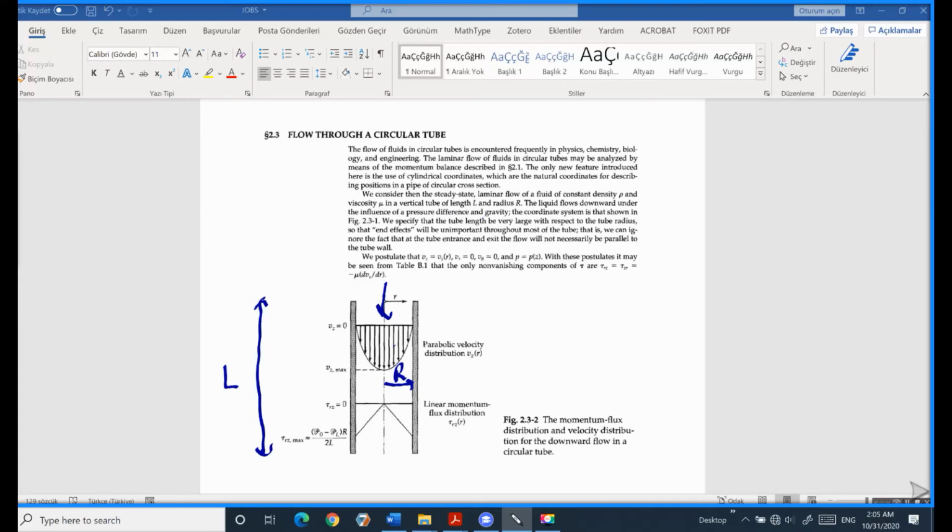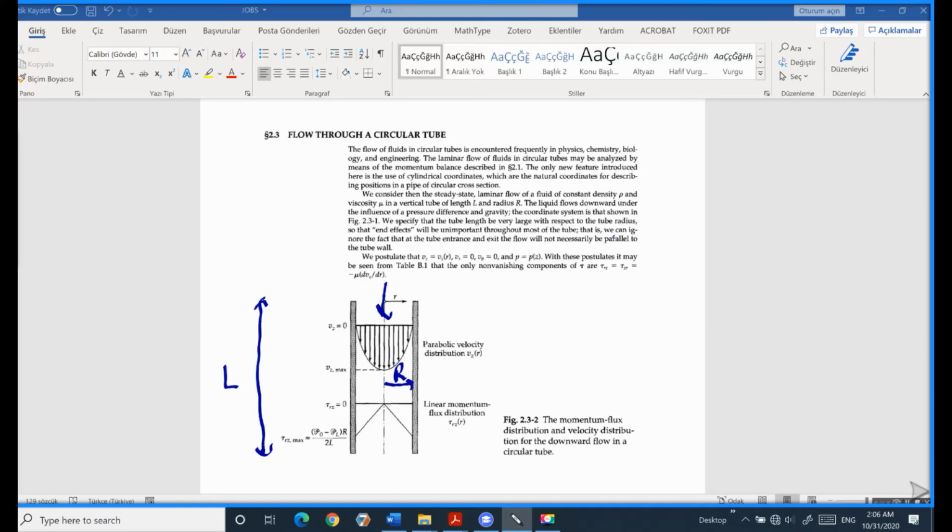So the pressure is acting on the fluid, and also gravity. The coordinate system here is cylindrical. Then we specify that the tube length L is very large with respect to the tube radius R, so that the end effect will be unimportant through most of the tube.